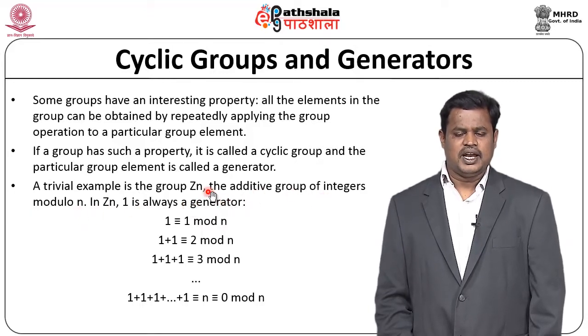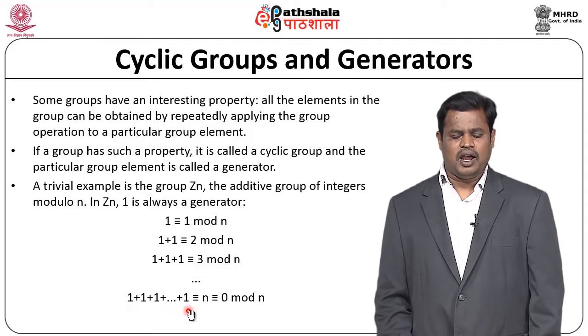Here n is an integer. When I choose 1 as a generator, I should be able to generate all the elements in the group. So 1 is congruent to 1 mod n. Then 1 plus 1 gives me 2 mod n. 1 plus 1 plus 1, since it is an additive group we are adding 1 each time, is congruent to 3 mod n, and like that up to n mod n.